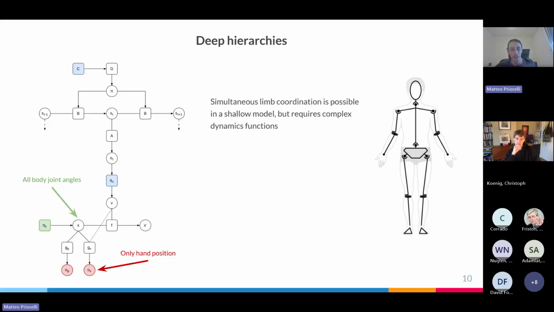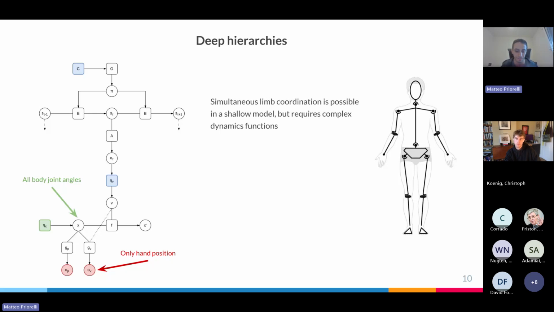So a third problem involves the hierarchical structures. We know that commonly in motor control implementations in active inference, we encode all the body joint angles in the hidden states, and we are usually interested in generating only the hand position.